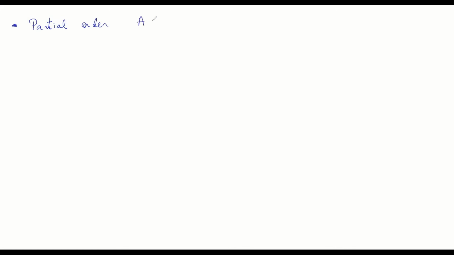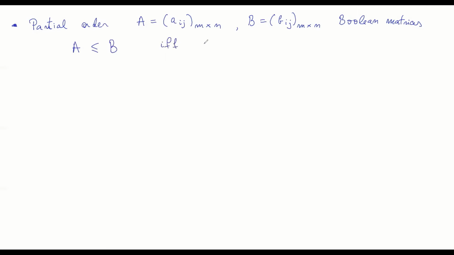If I take 2 matrices, A = (a_ij) of type m times n, and B also of exactly the same type, m times n, so these are Boolean matrices, I'm going to say that A is smaller than or equal to B if and only if a_ij is smaller than or equal to b_ij for all i and j.